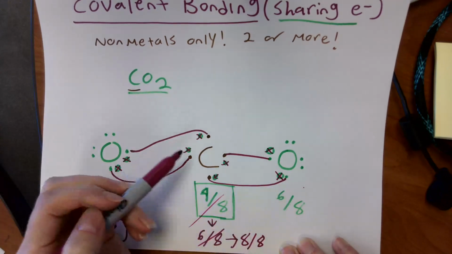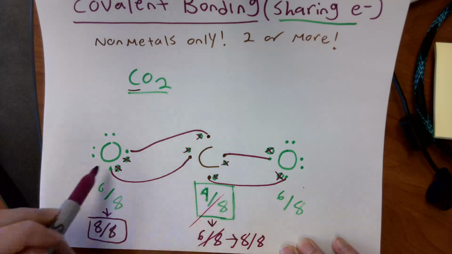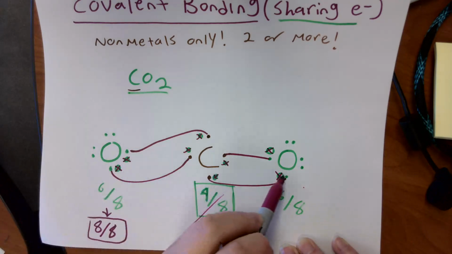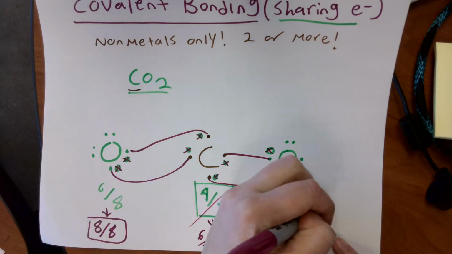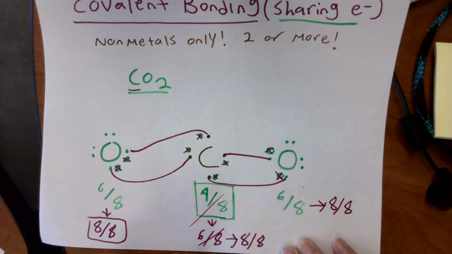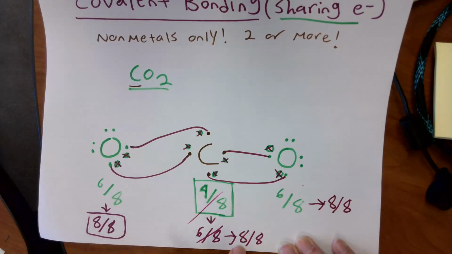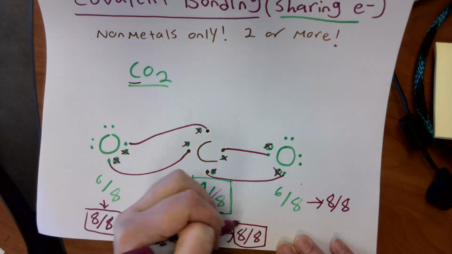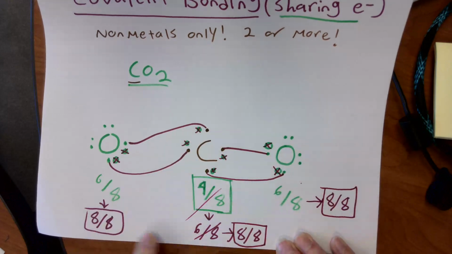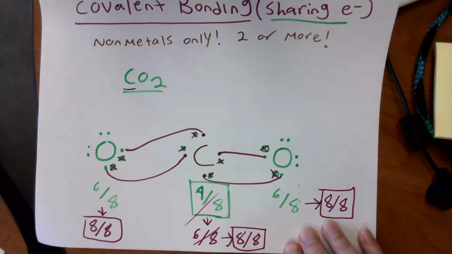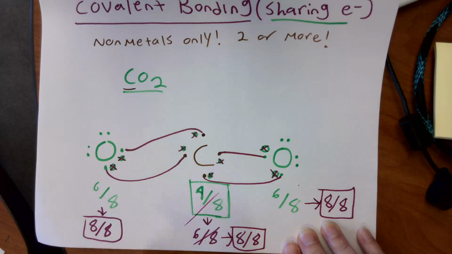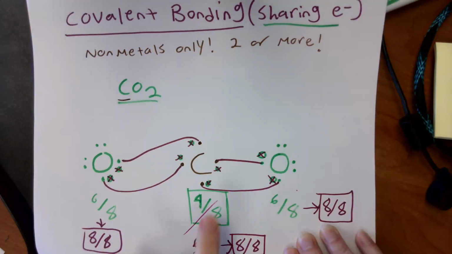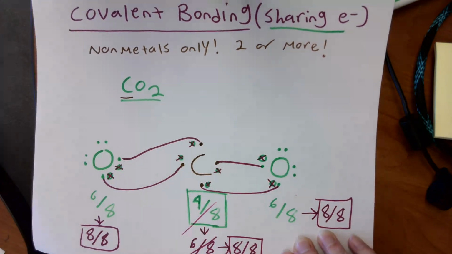And then this oxygen now has access to 8, just like this oxygen with these 2. 1, 2, 3, 4, 5, 6, 7, 8. If everybody is at 8 of 8, this means that everybody's happy with this arrangement, and this is how the molecule bonds. It bonds like this, so that everybody's happy and has access to 8 electrons in their outer valence shell.